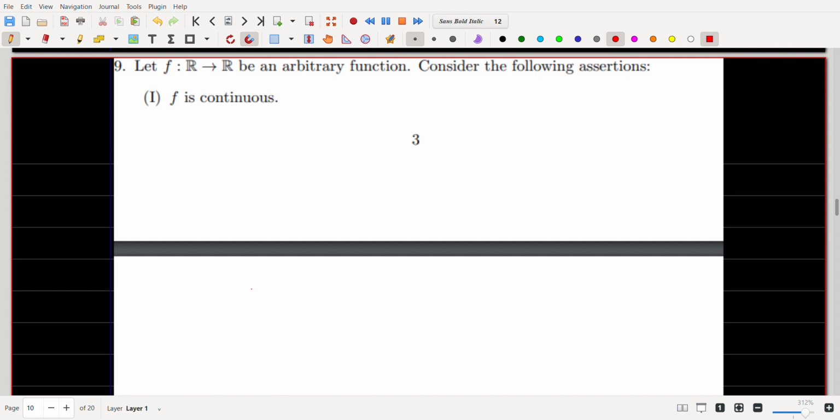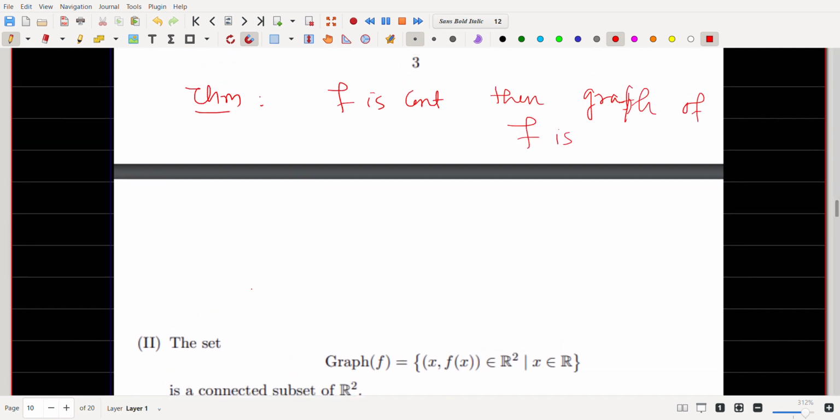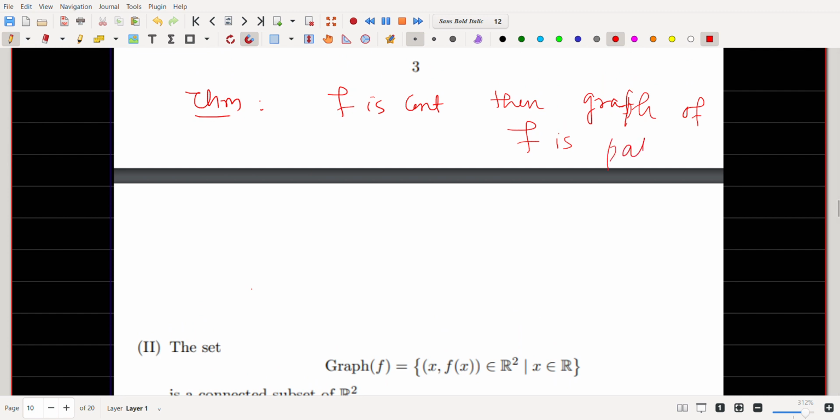Okay, this is just a simple check. So this is a theorem: if f is continuous, then the graph of f is path connected, because the image of f is path connected also, and you are taking the product.